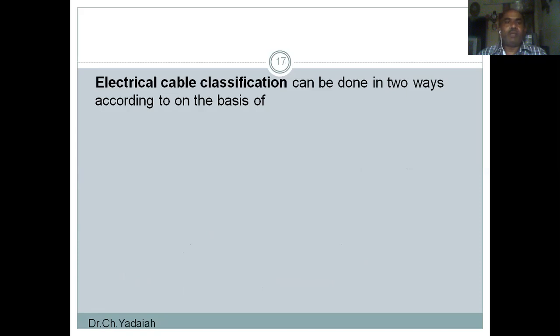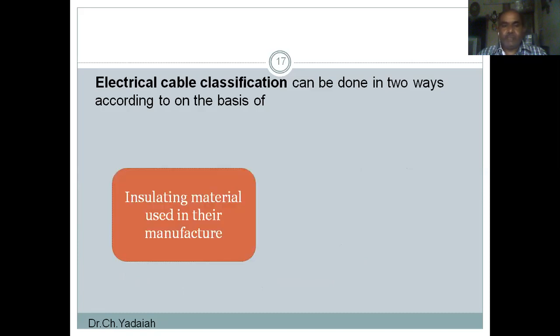Now coming to electrical cable classification, it can be done in two ways. One is based on the insulation material used in their manufacture, that is, which type of material is used, for example cables for background use, mining or dumped areas.